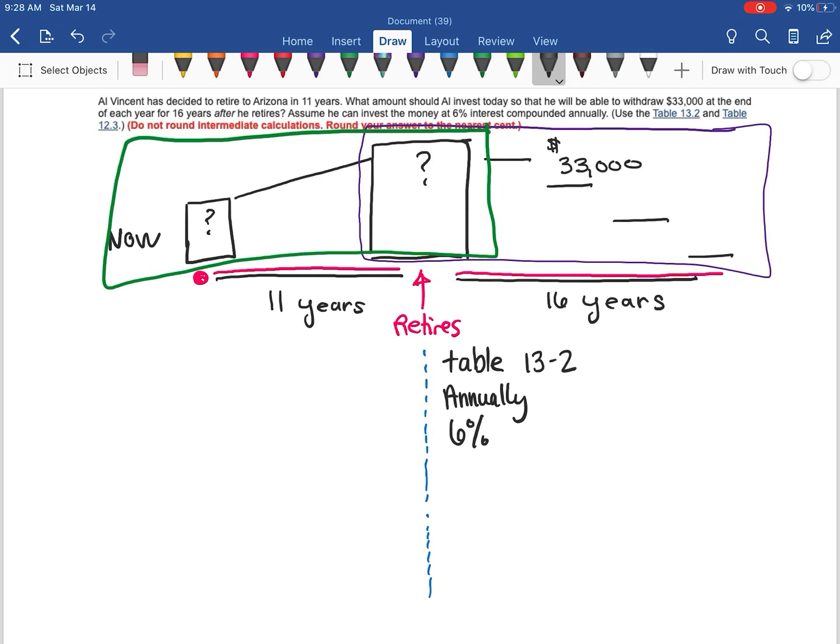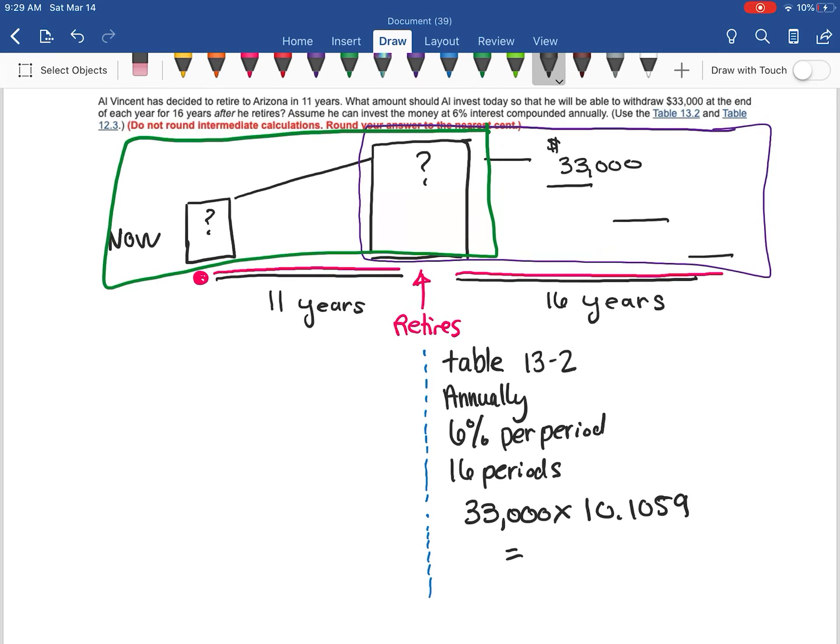And it's 6% over the whole year, and since it's annually, it's going to be 6% per period. And since we're doing this once a year for 16 years, that's going to be 16 periods. So what we need to do is look up on table 13.2, 6% with 16 periods, and we're going to take 33,000 times our table factor, which you should get to be 10.1059.